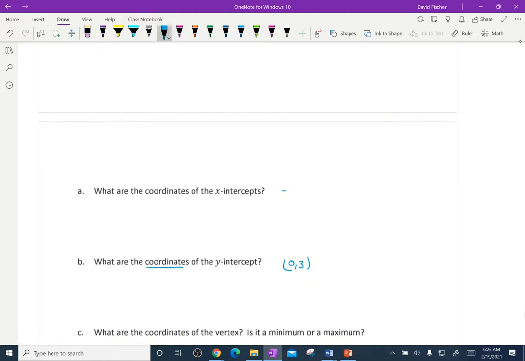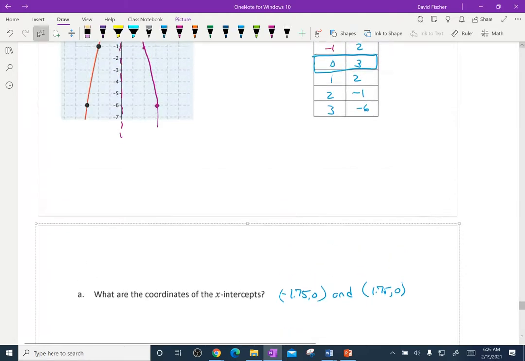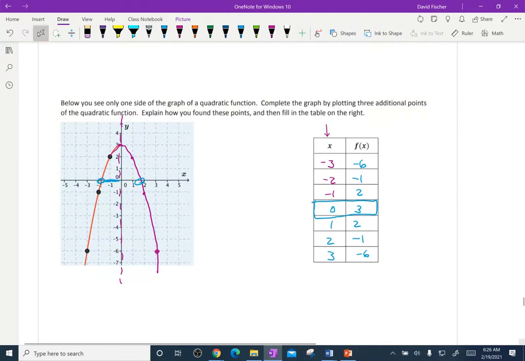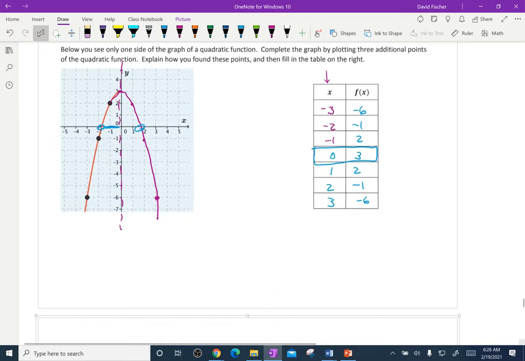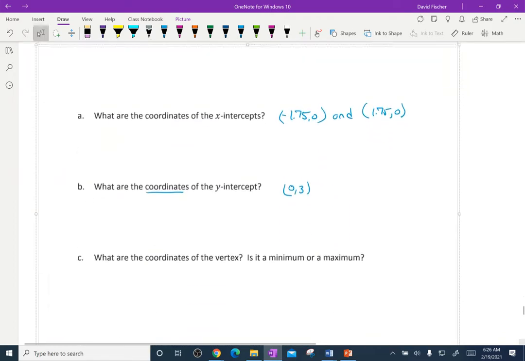So it's a negative 1.75, 0. And on the other side, it should be a positive 1.75, 0. Now you had something in that range. You might have said 1.8. Somebody said negative 1.7 on the last night's homework when they were after school. So that would be okay too.